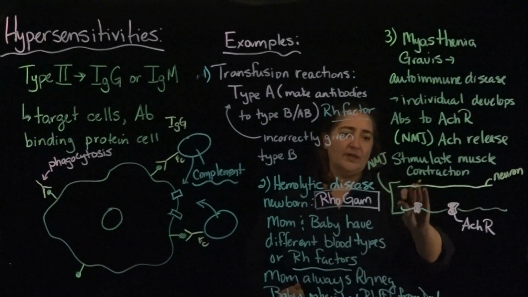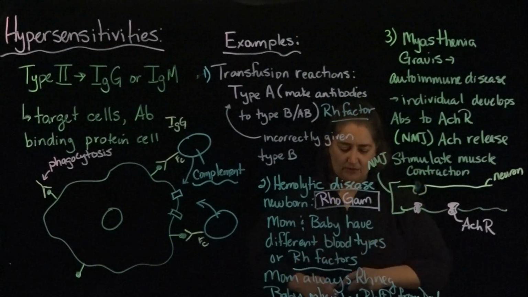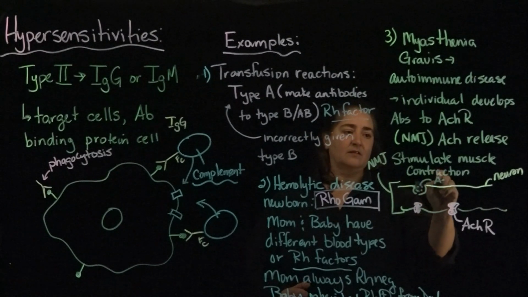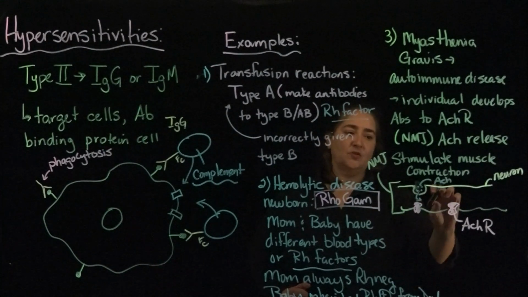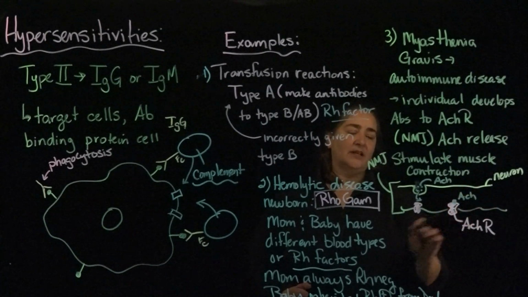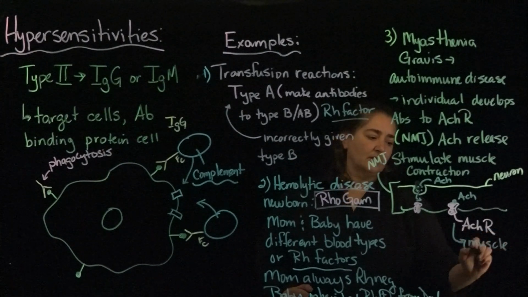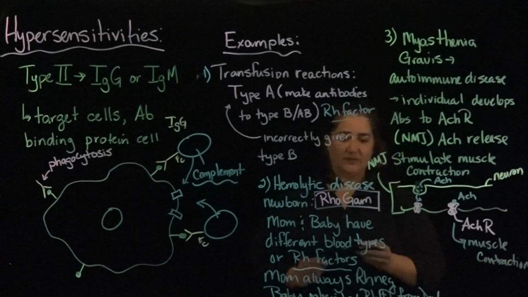Right? When that action potential signals the neuron, right, it releases the acetylcholine into that neuromuscular junction, into that synapse, where the acetylcholine would bind to the acetylcholine receptor, and you get muscle contraction, right?